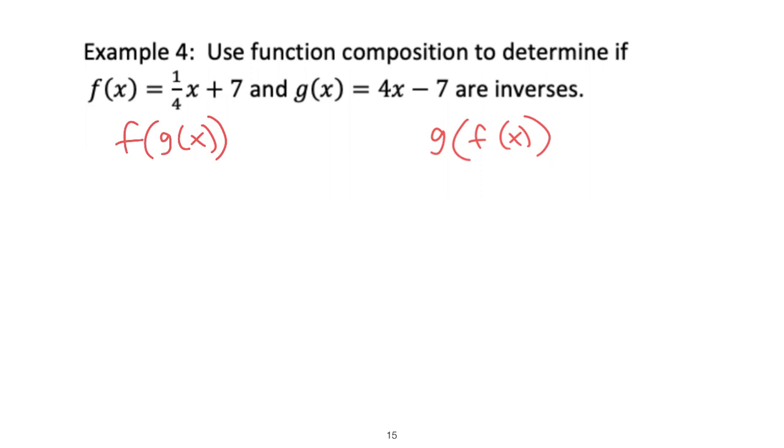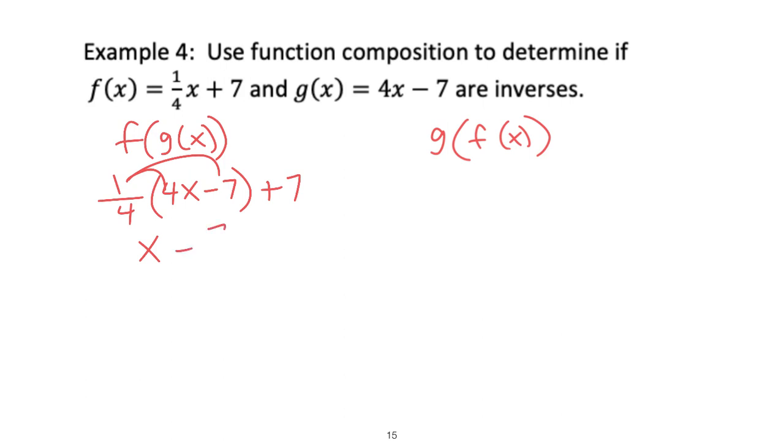So let's see. I'm going to take 1/4, and instead of that x, I'm going to plug in 4x minus 7 plus 7. So if I distribute this, 1/4 times 4x would be x. 1/4 times 7. If you need help in your calculator to do that, please do so.